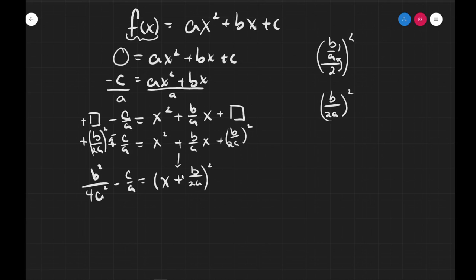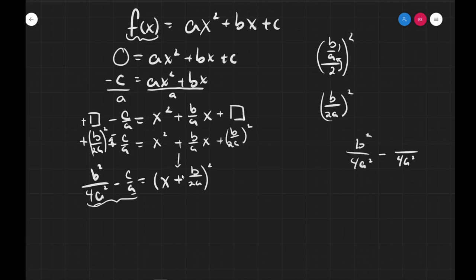Actually, you know what? Before we do that, let's see if we can get this into one big fraction. So we're going to take b squared over 4a squared minus, in order to get a common denominator with this, we're going to need to multiply this a by another a and multiply it by 4. So we're going to get 4a squared on our denominator. And since we multiplied our denominator by 4a, we have to multiply the top portion of our fraction by 4a.